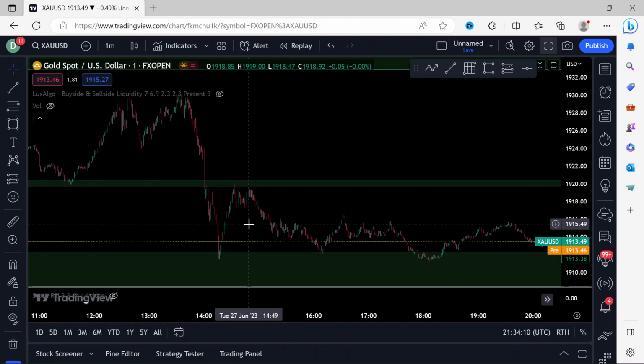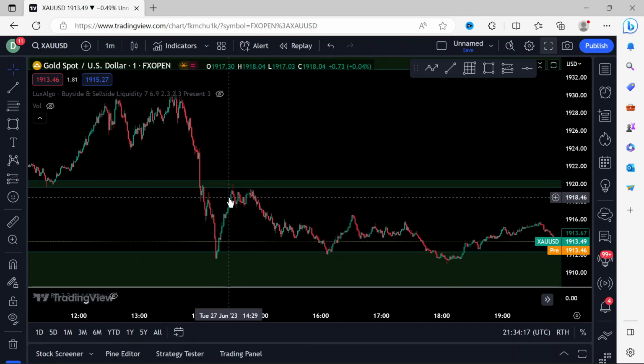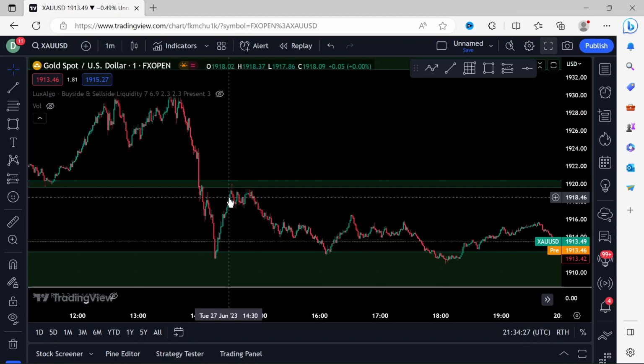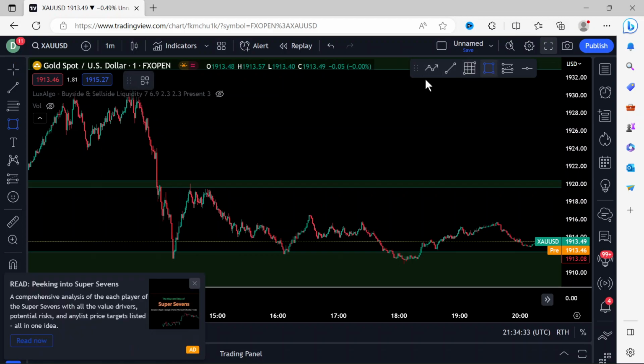as we need to trade to buy, but then price went up without forming any retest for a fair value gap. So what we're going to do right here is to wait for a fair value gap to be hit.